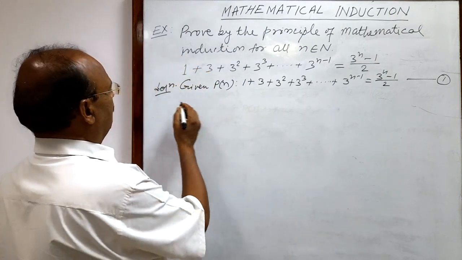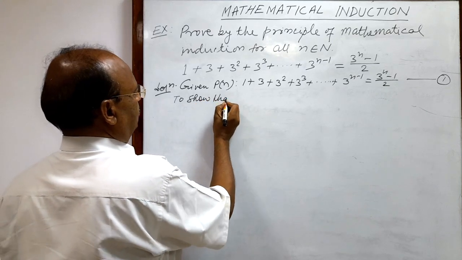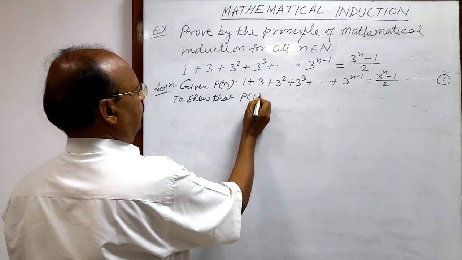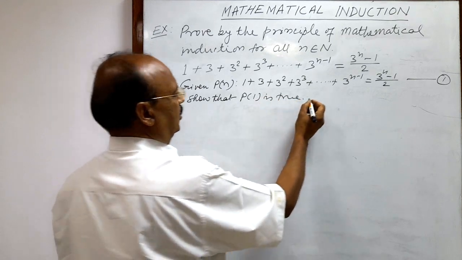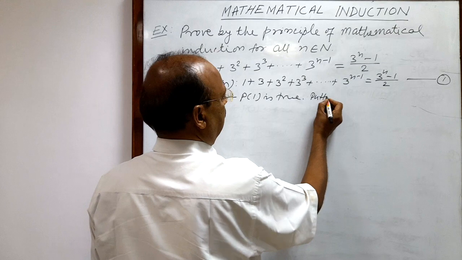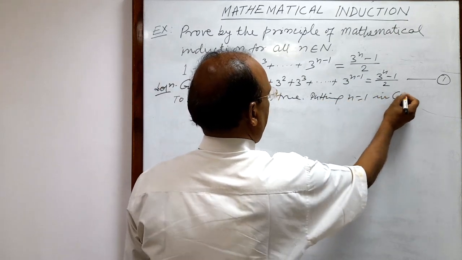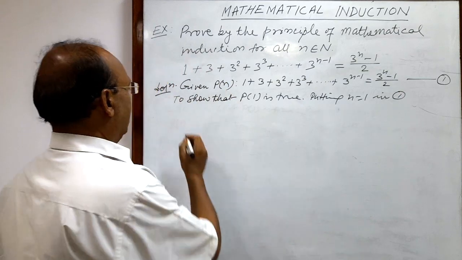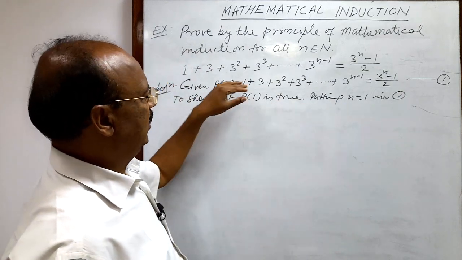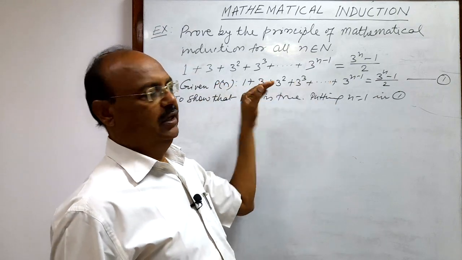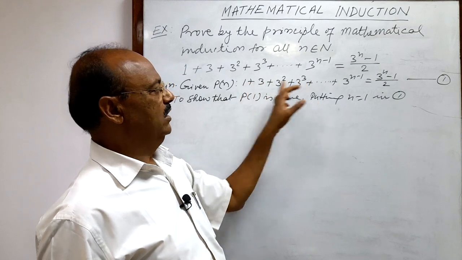Step number 1, to show that P1 is true. For showing this we will put n is equal to 1 in relation number 1. Here the total number of terms is n, but we are putting n is equal to 1, so we have to take only the first term.